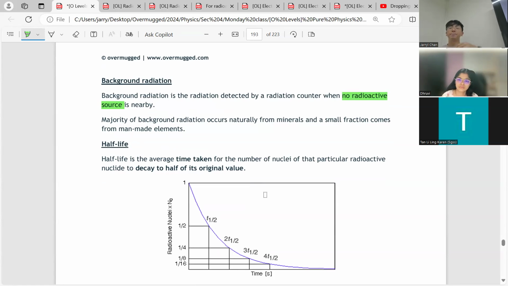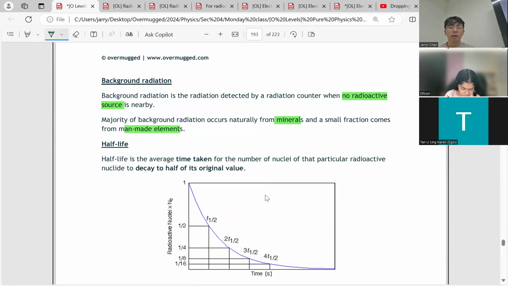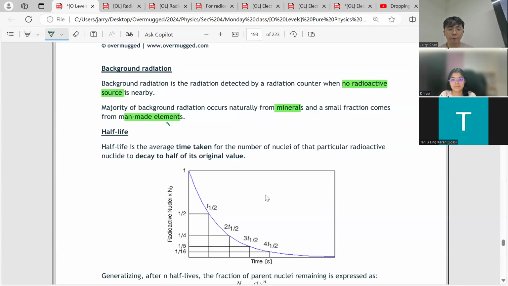Background radiation can be man-made, or can come from minerals. I recommend you know a few examples so that you can write them in tests. X-ray machine is one of the man-made background radiation sources.